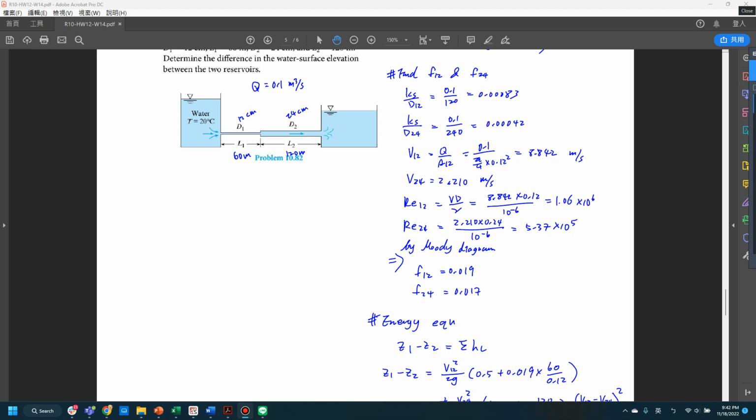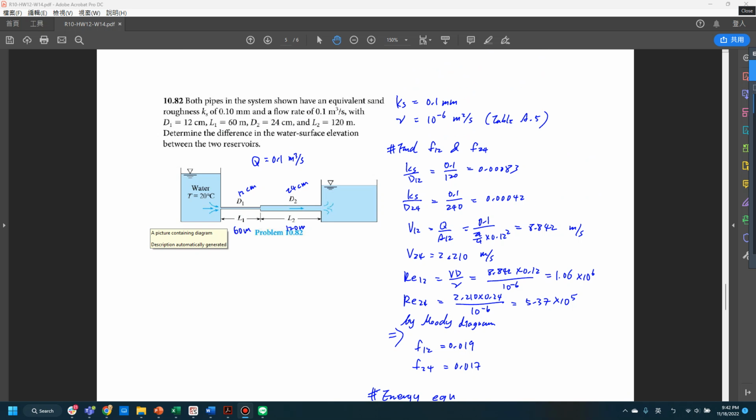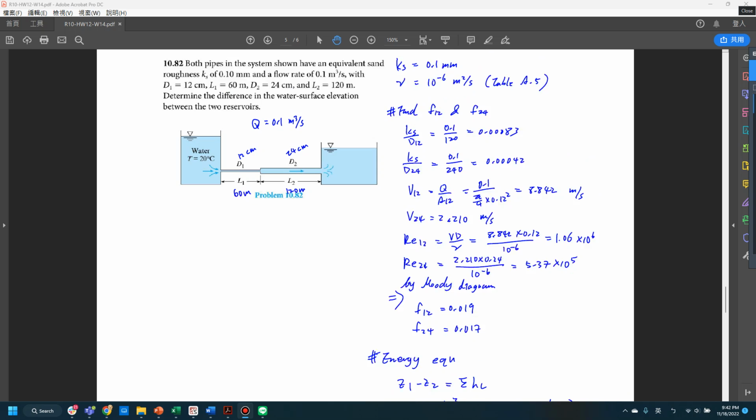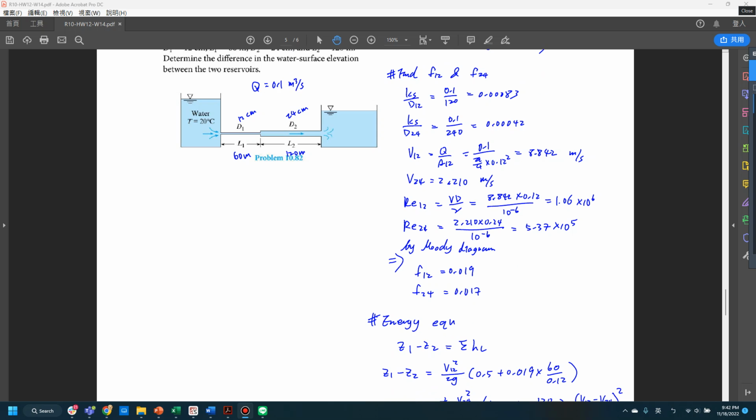So the height change, which is z1 minus z2, is actually equal to the head losses during the transportation in pipe 1 and pipe 2. Okay, so that's our goal. We want to solve this: the difference between the water surfaces of the two reservoirs, Z1 and Z2, is the value that we try to solve.